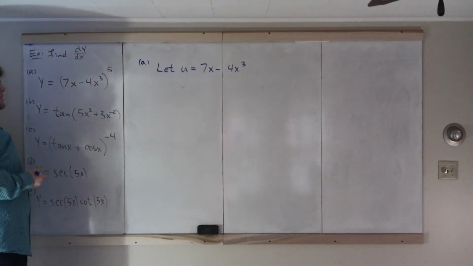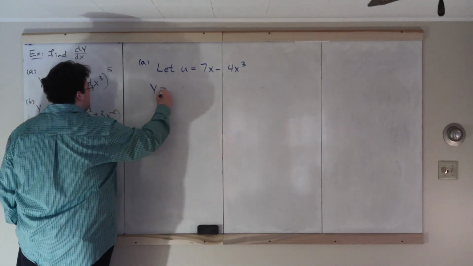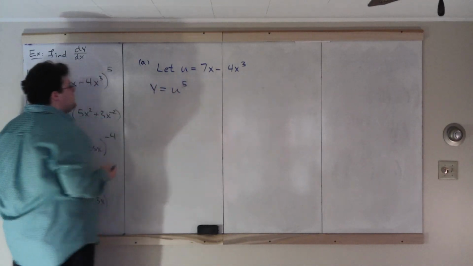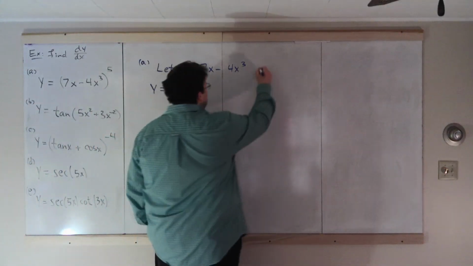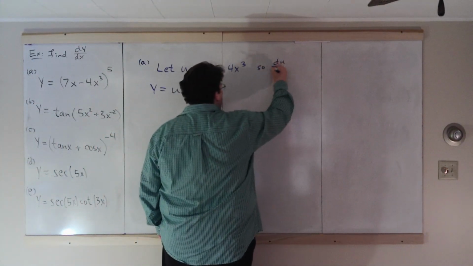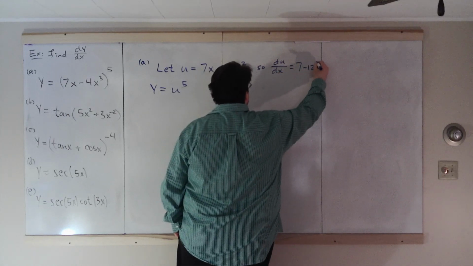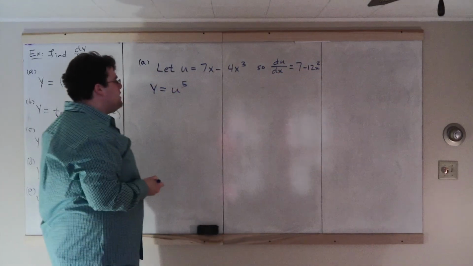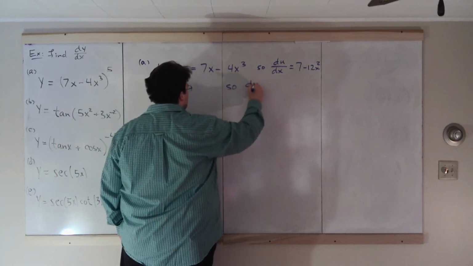Then y is just u to the fifth. Great. Now we can take a du dx, 7 minus 12x squared, and we can take a dy du.